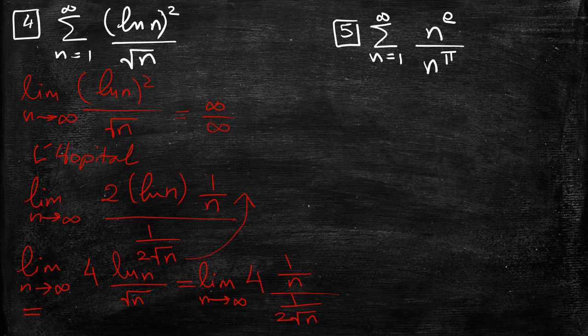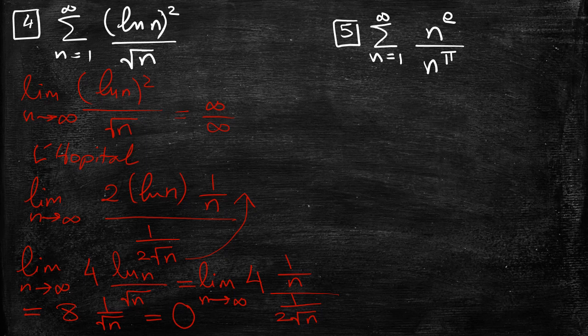This will be 8, and then this 1 over square root of n. This limit when n approaches infinity will give us 0. So the test here is inconclusive. So we have to figure out something else.